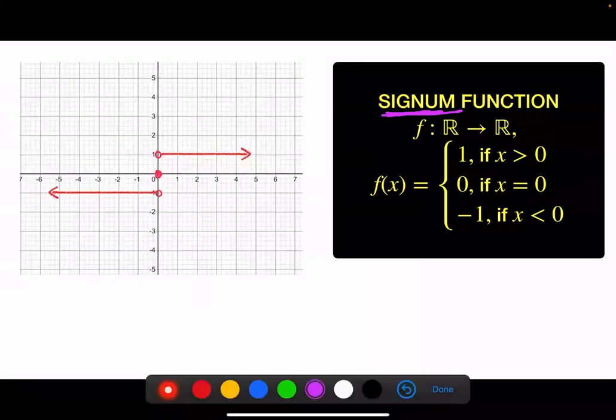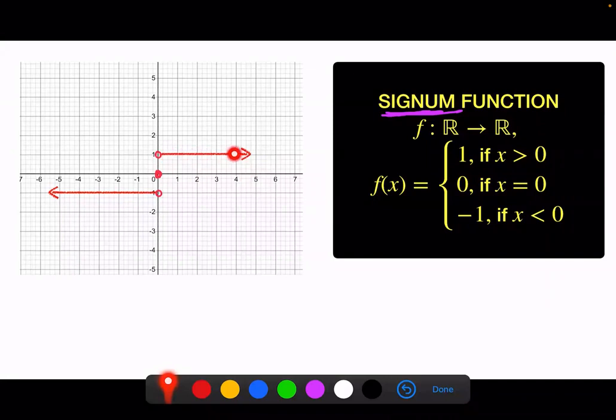So this is how the graph looks like. Okay, if you have any value greater than 0, your output will be 1. Okay, any value which is less than 0, output will be -1. If it is 0, it will be 0. So guys, here I'm using a closed, मतलब ऐसा dark circle जो है ना, it indicates that that point is included as part of the function value. ऐसा open circle draw करता हूँ तो it is not included.